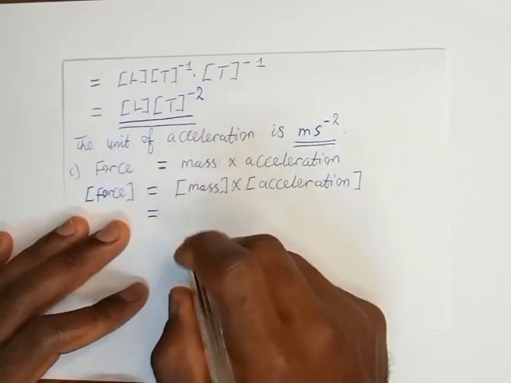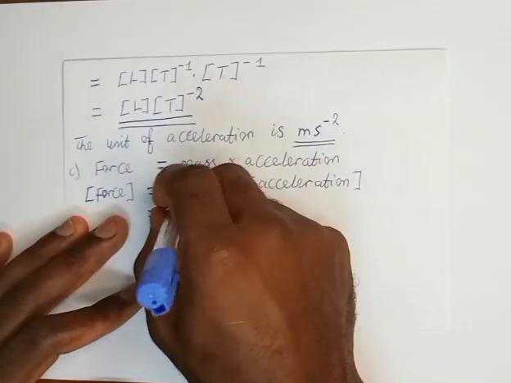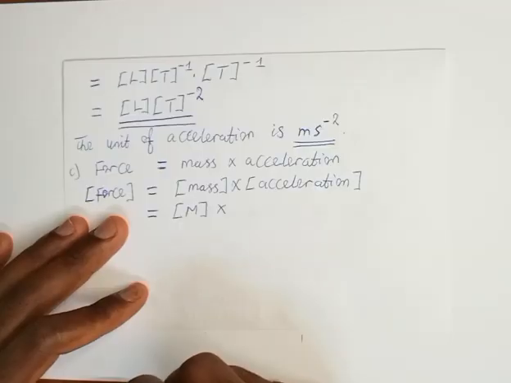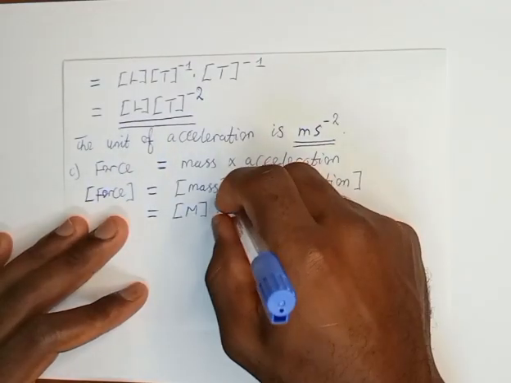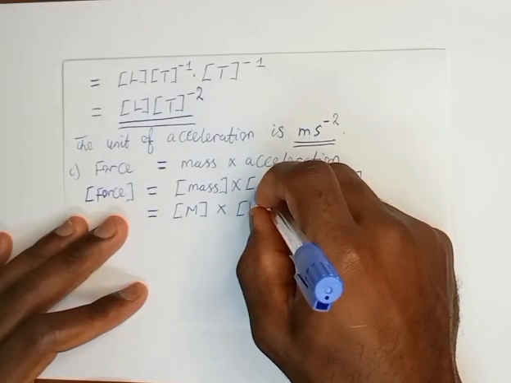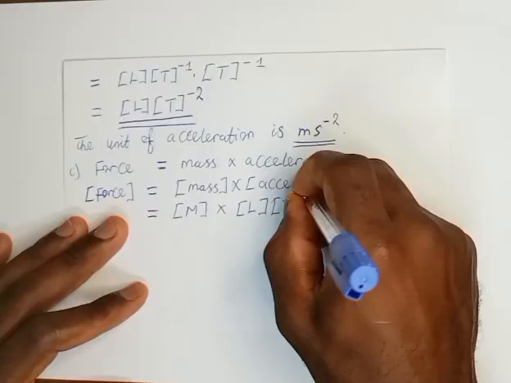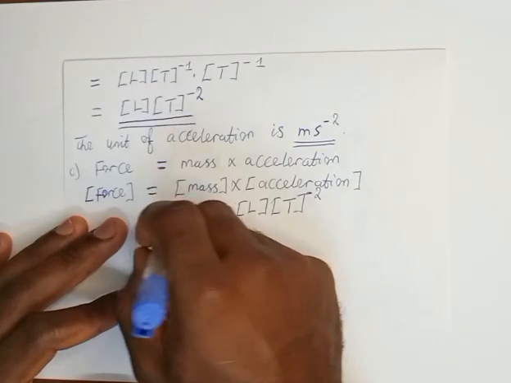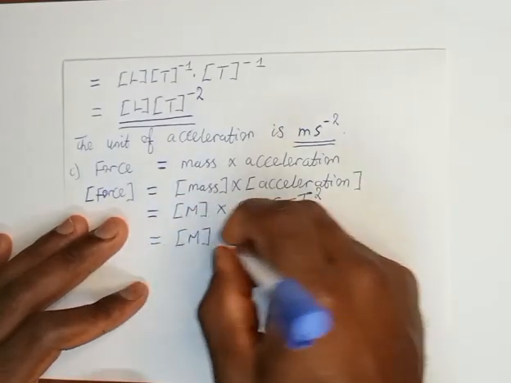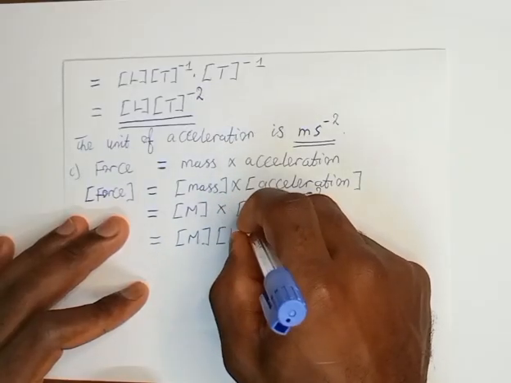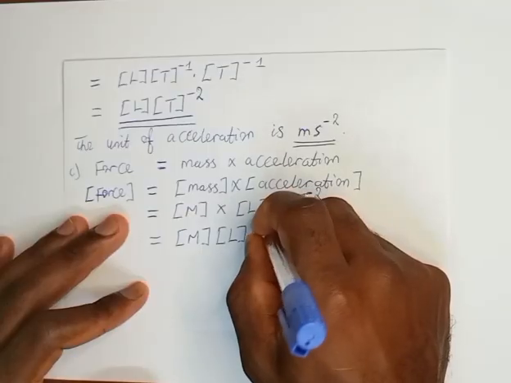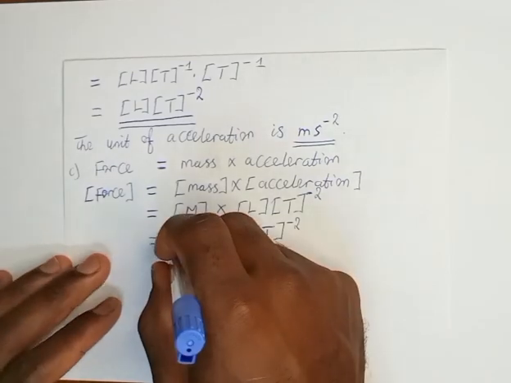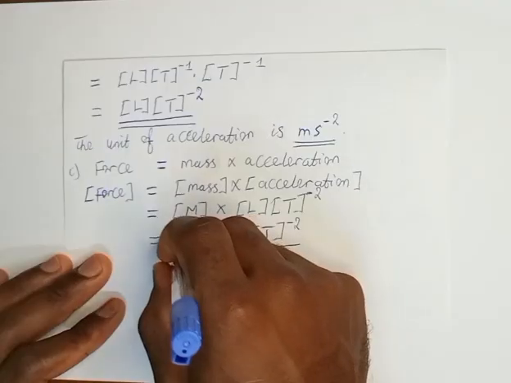This will simply be equal to the dimension of mass, m in square brackets, times the dimension of acceleration, which is L times t to the power -2. This will simply be equal to m L t to the power -2, which is the dimensions of force.